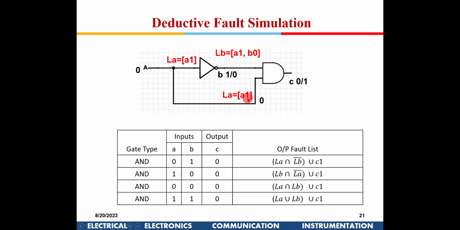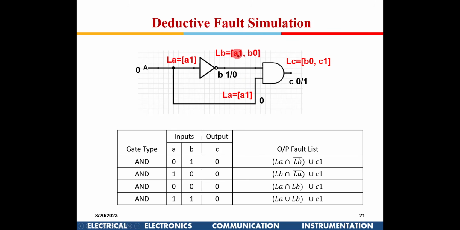So this A1 fault is coming here. So a union of these two, right? For 1 0, it is this and invert of this, right? You have to take a union of that. So if I take invert of this, right, then A1 gets cancelled, right?